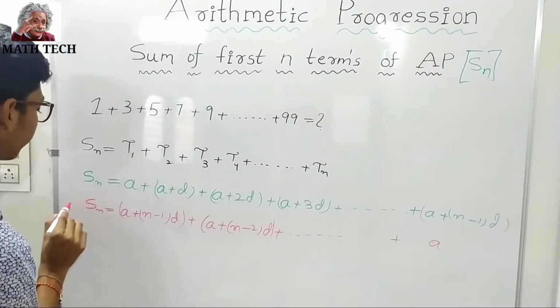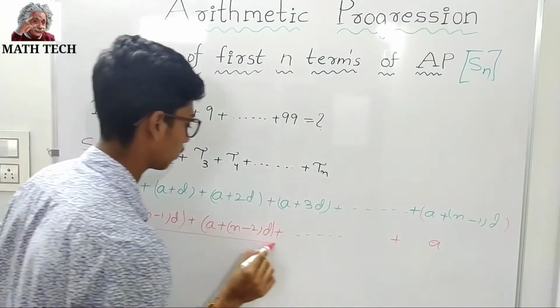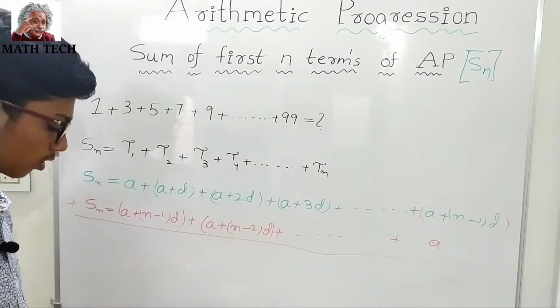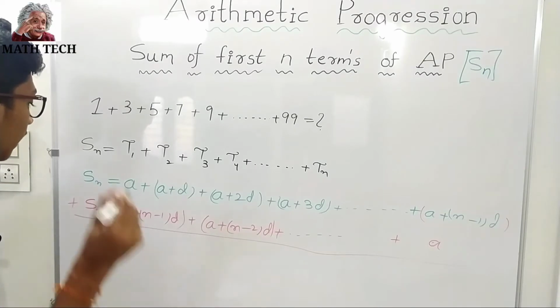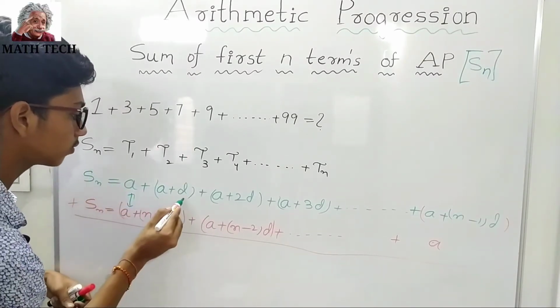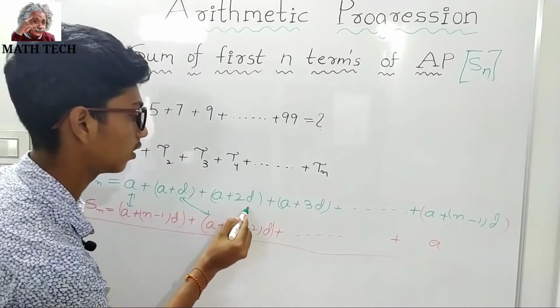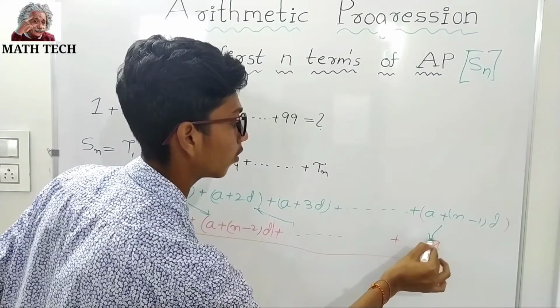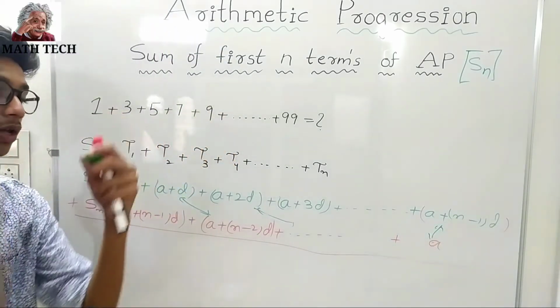So now let's add it. If you add this result, adding first term with first term, second term with second term, and third term with third term, and at the same time last term with last term.